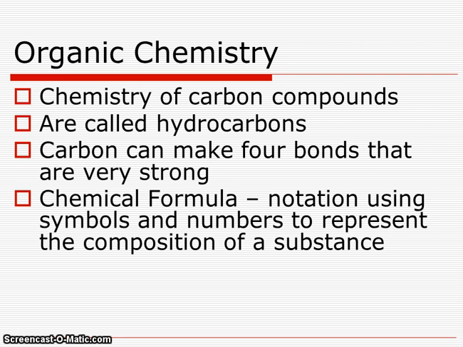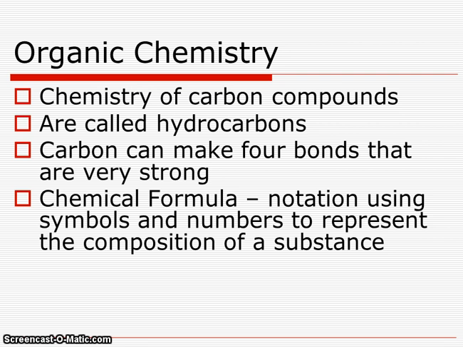Glucose has the chemical formula C6H12O6, which means that glucose contains carbon, hydrogen, and oxygen, and the ratio per molecule of glucose is 6 carbons, 12 hydrogens, and 6 oxygens.